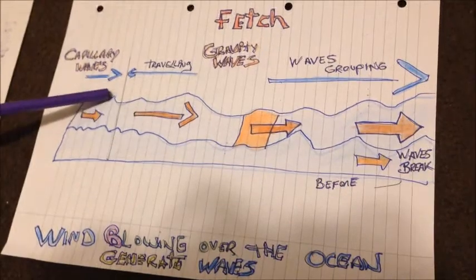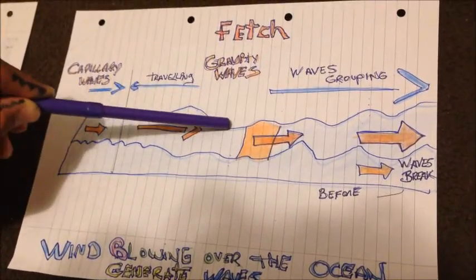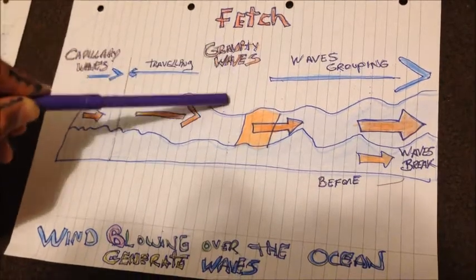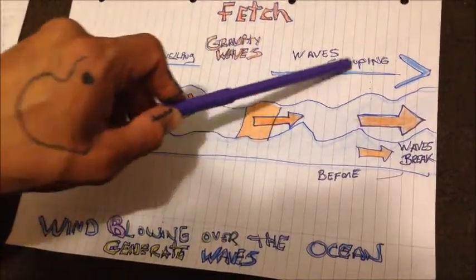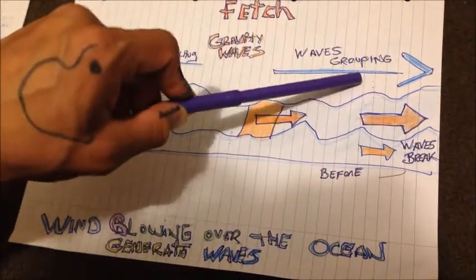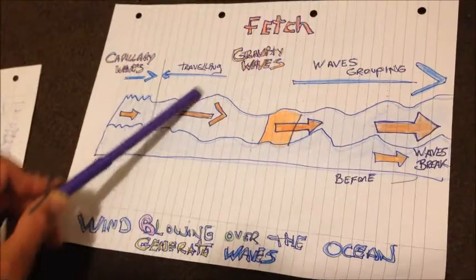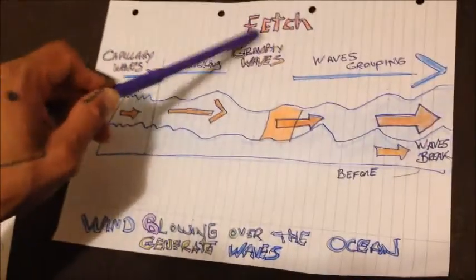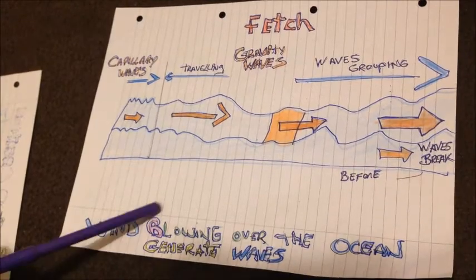Then the waves start traveling over the ocean, becoming gravity waves. Then all of them start getting together and become a wave grouping. All of these actions are called fetch: wind blowing over the oceans, generating waves.